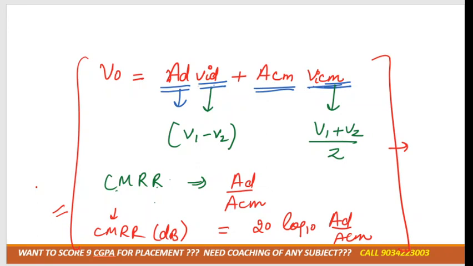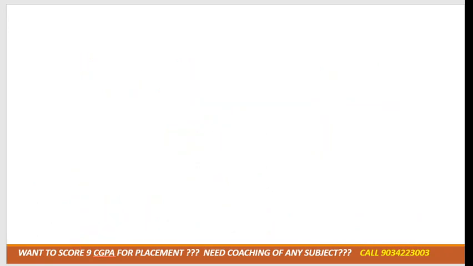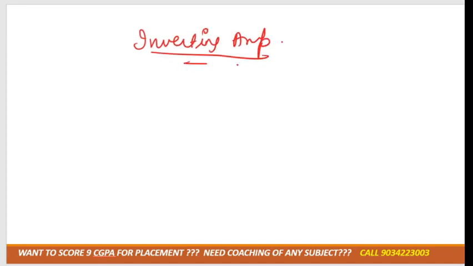Okay. Next we have studied the derivation of the inverting amplifier, right? In the case of the inverting amplifier, what we got as an output expression gives the voltage gain. The voltage gain is represented by AV. As I told you, gain is output divided by input, right?